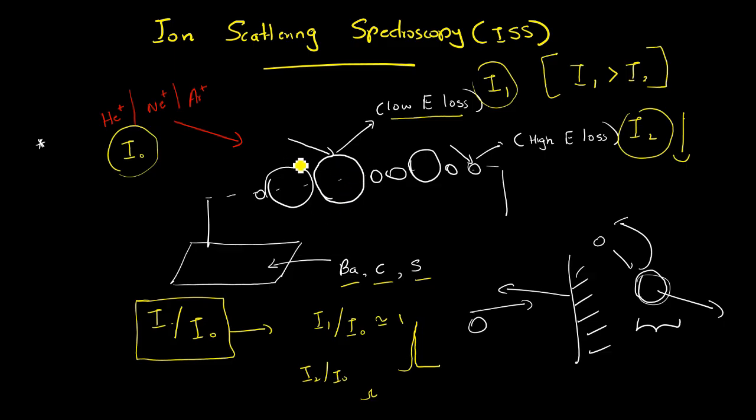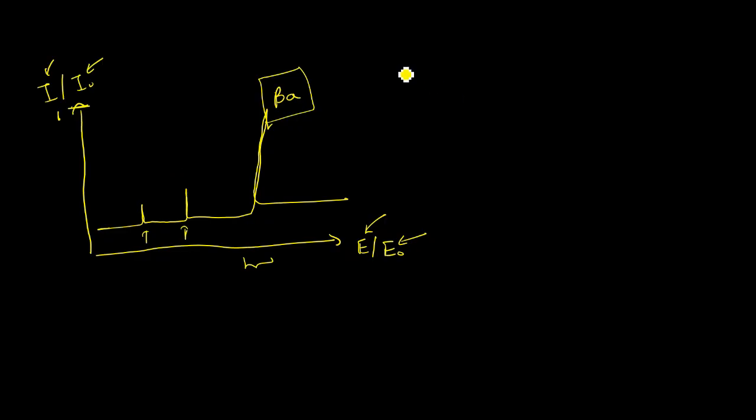So when the scattering happens, it will have very low energy loss. So this I over I0 ratio is mostly similar to 1. So energy loss is very low, right? So you will have a high intensity peak for heavy elements, when you have a large atom like barium, lead, like cadmium, likewise.